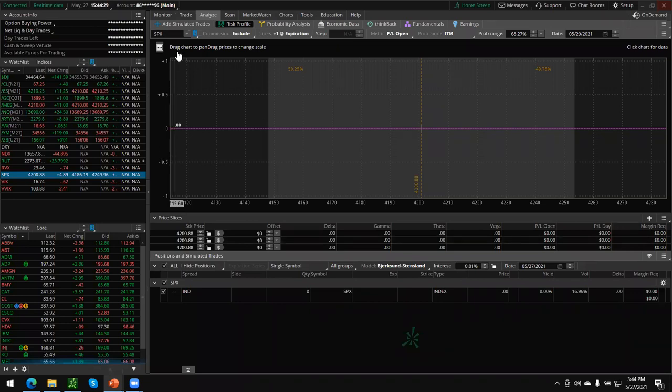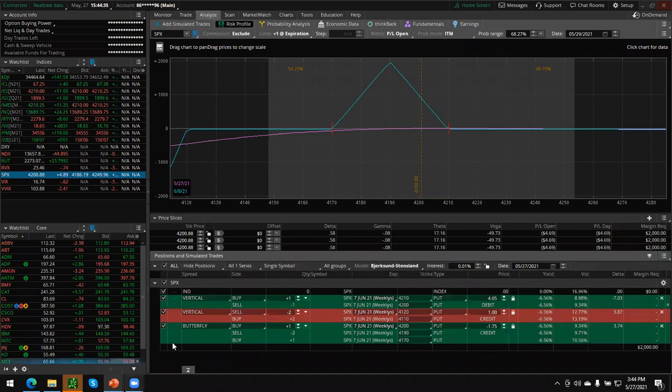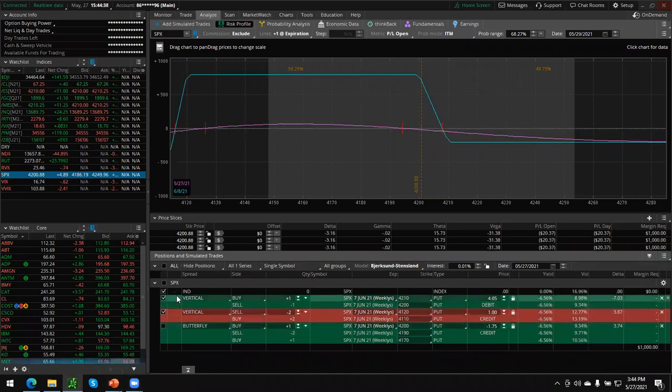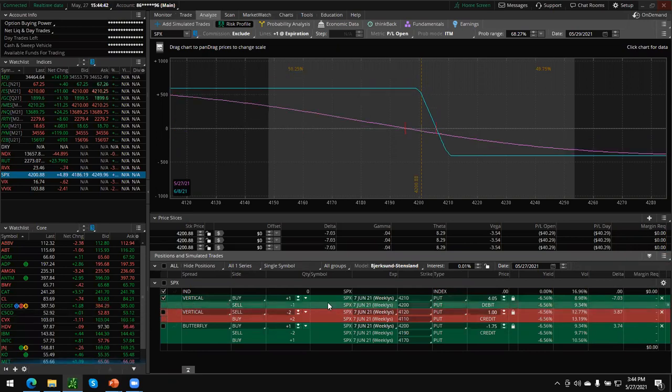Before I get to the last slide, I want to load these up in Thinkorswim and show them. Here's the boxcar component, and I want to look at just the debit spread for a second. When I did this, it was still kind of straddling the money, but think about it this way: the only reason you put a debit spread on a boxcar, or have longs on a butterfly, is to control margin and control your risk.